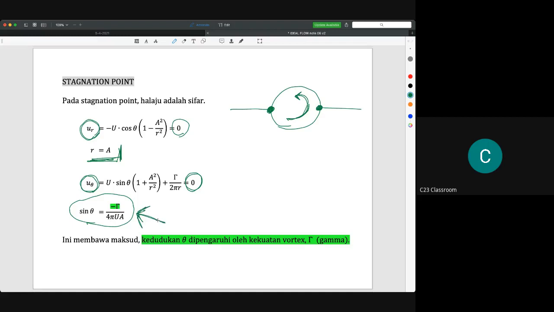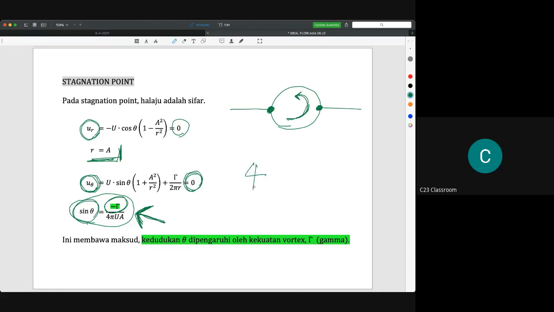What is the meaning of this term? It means that the sine theta here is actually influenced by the value of gamma. So kalau awak membuat pengiraan, awak dapati bahawa U theta ini sama dengan 0, menghasilkan nilai sin theta sama dengan negatif gamma per 4 pi UA.